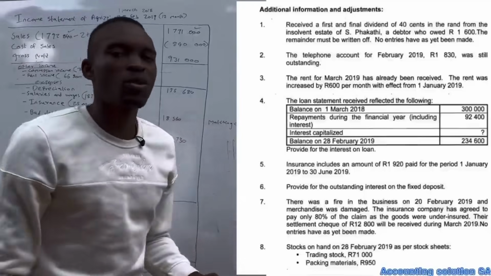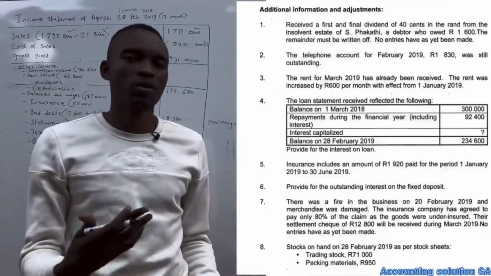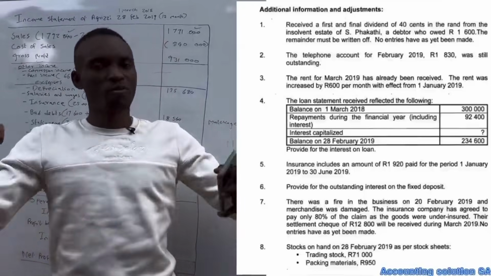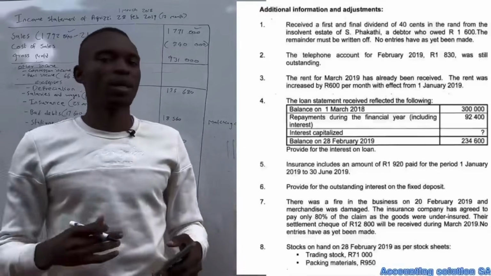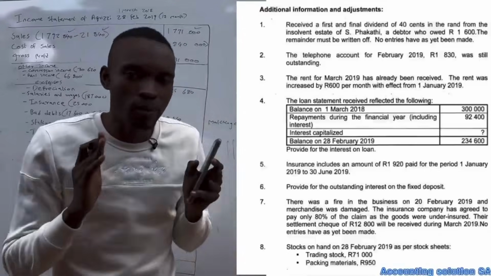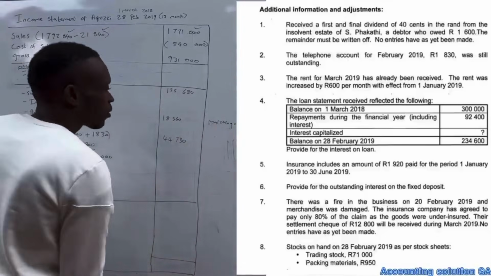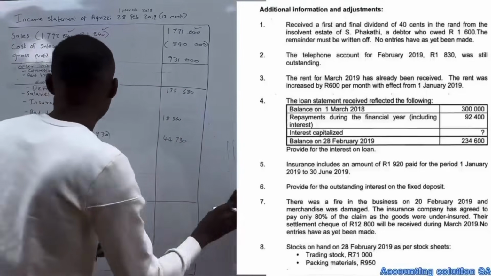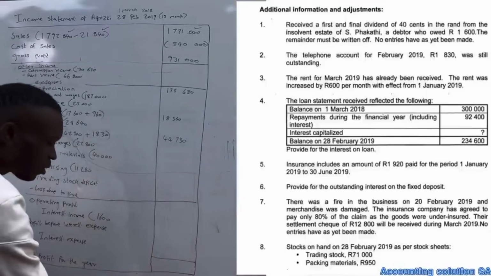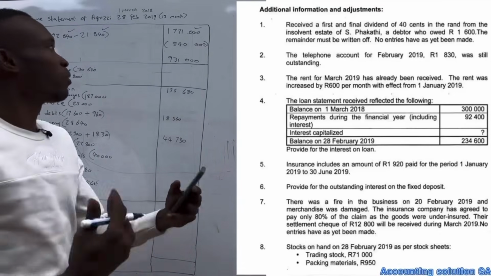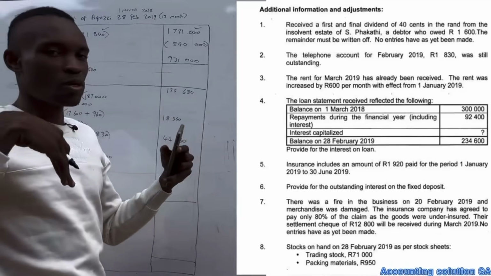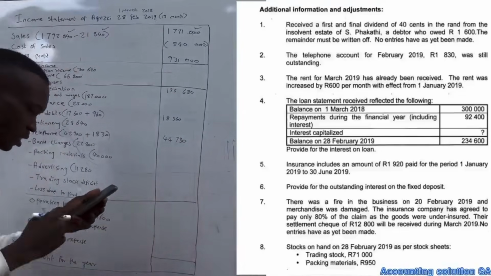This principle says all incomes and expenses must be recorded for that period of the year that we are doing, which is 12 months. Make sure that you master that principle, because whatever we are doing is the matching concept. Even this one that we add is because it has been incurred within this reporting period that we are doing. That's why we are adding it. It belongs to this year.